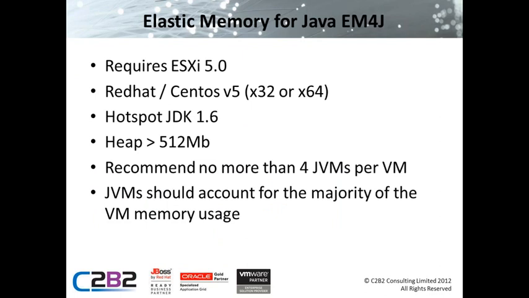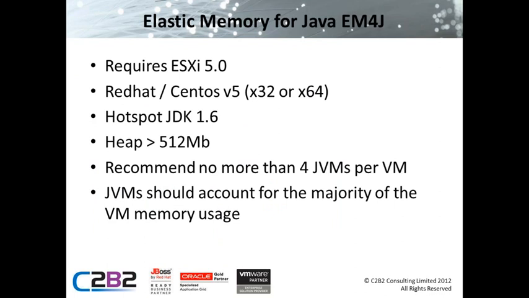So EM4J requires ESX5 and it runs essentially on Red Hat or CentOS. Currently it only runs within HotSpot. And to get any benefit, obviously you need to be running JVM heaps that are in excess of half a gig. Because the balloon drivers all individually talk, the EM4J balloon talks directly to the hypervisor, it's not aware of other JVMs that are running on the same guest.